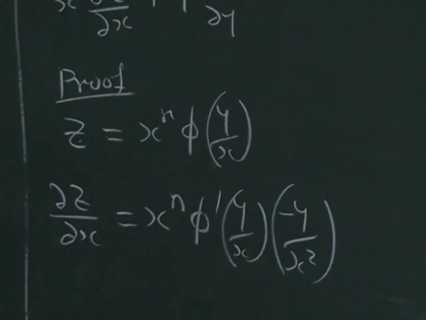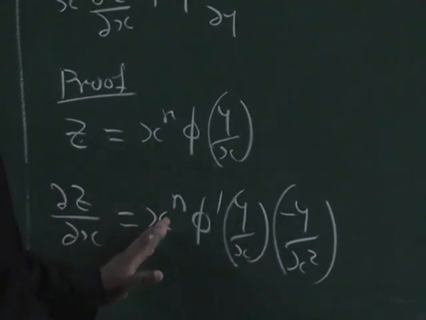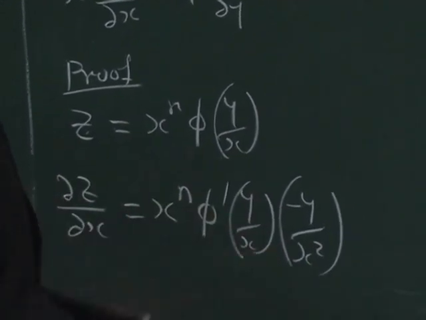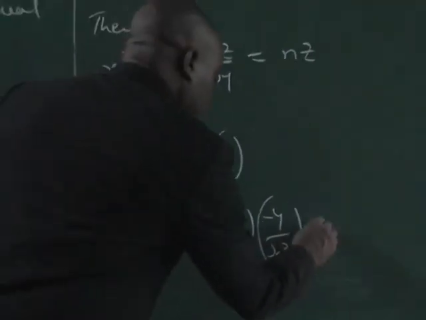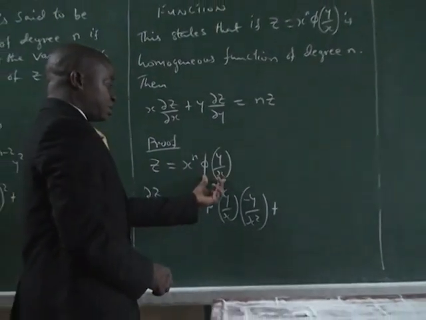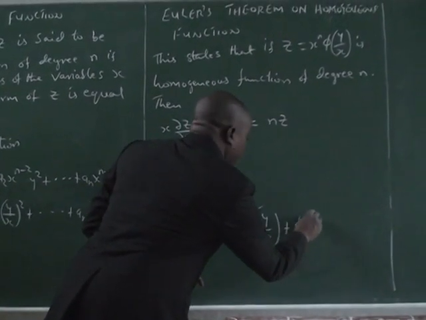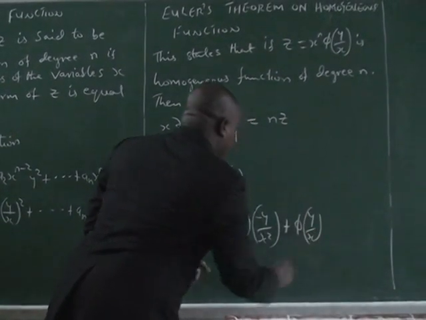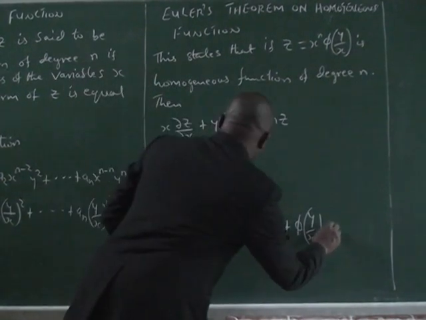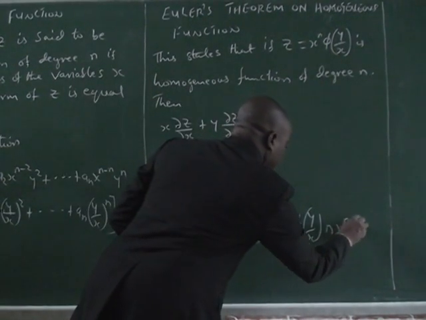Okay. So I get this and differentiate this, plus keep this also. So if I keep this, I will have phi all over x. Then I differentiate to have x raised to n minus 1.